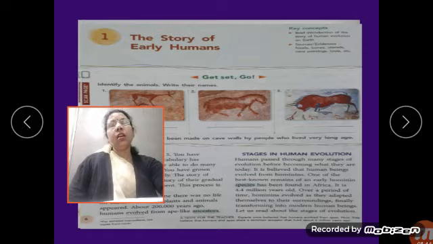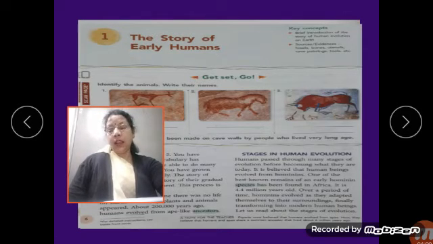In this story, you will study how early man was developing himself, how they were progressing day by day. That is called evolution. What is evolution? The gradual growth and development in the lifestyle of early humans, that is evolution.